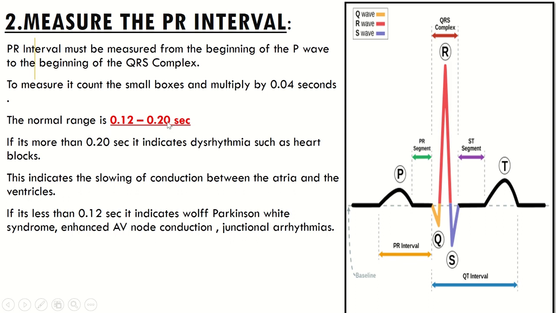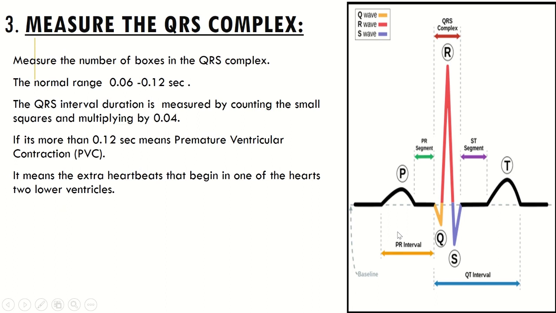But you have to understand only one thing: the PR interval varies only during the P wave, that is the atrial contraction and relaxation. So any alteration in this indicates that the problem is in the atrium. That is the main thing we have to understand.